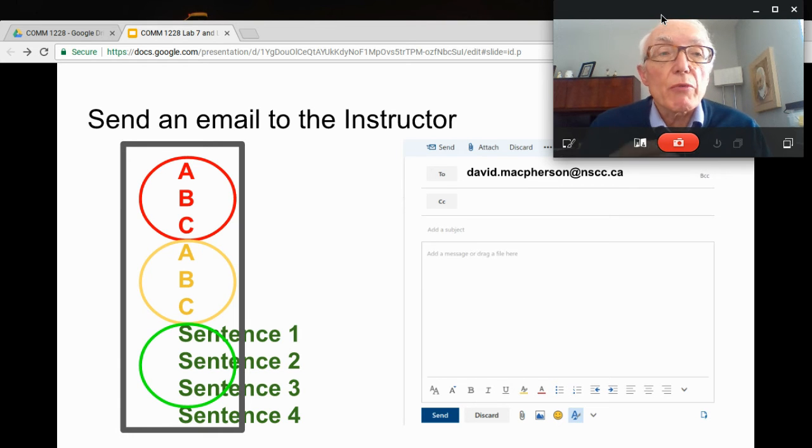So for this lab, we're going to have some instructions for you to do. It'll be 10 lab points, and we'll be looking for an abstract, a body, and a conclusion in the email that you send me.